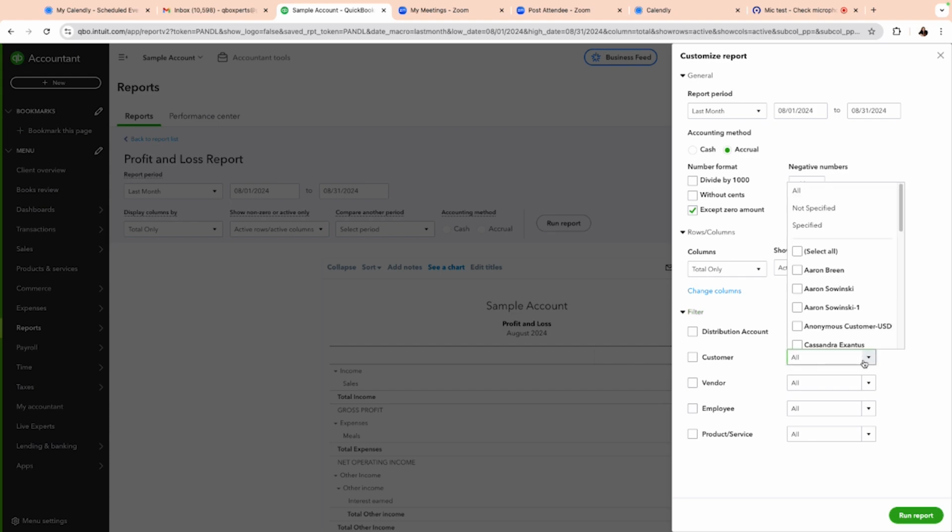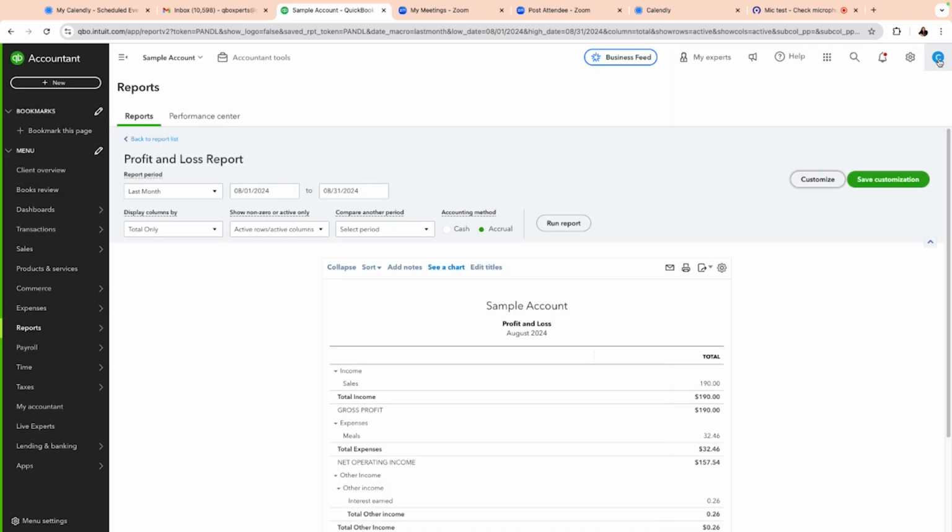You can isolate one of the customers if you want to take a look at your revenue per customer, based on a specific customer or multiple customers. You can do your expenses by vendor. So there are several things that you can do in order to customize your report according to your needs.